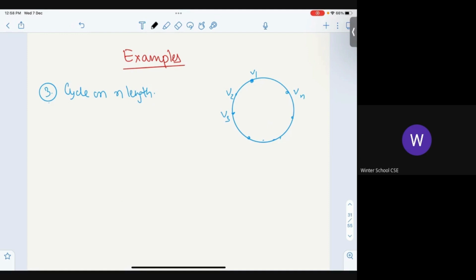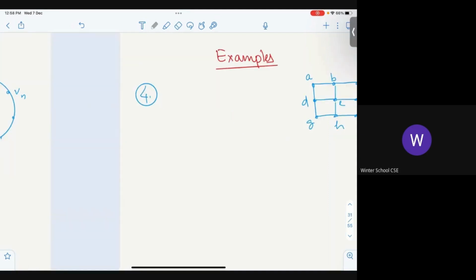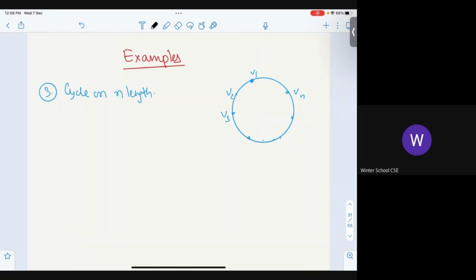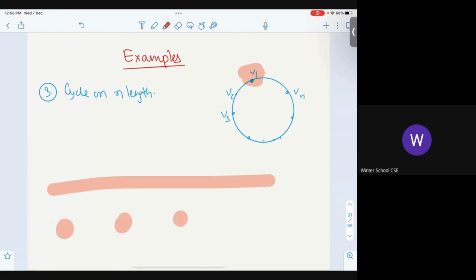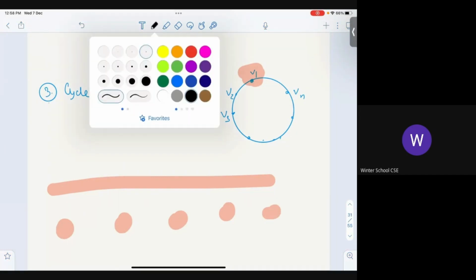So what is this? Everybody did it for the path, no? So let's just look at this. I take this, delete V1. What is this? A path. Okay. All of you know how to make a decomposition for a path. You make a decomposition for the path. And now what I do, I take V1 and add it to everyone.